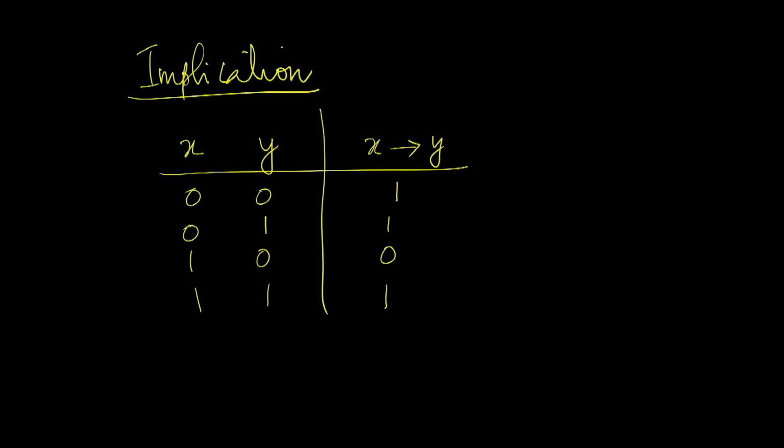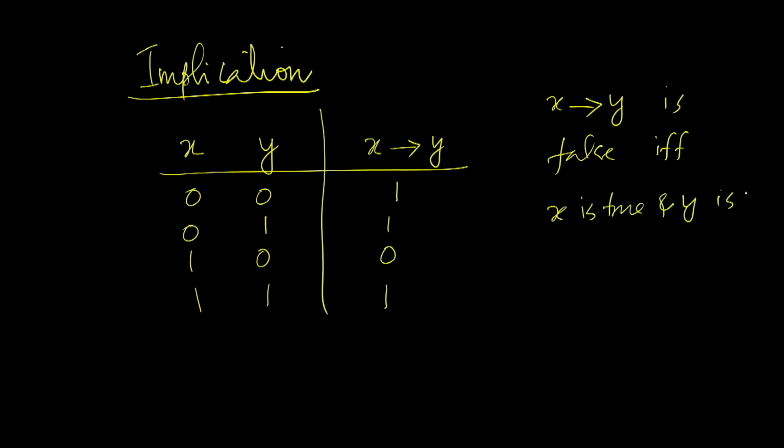So, what it means is that x implies y is false if and only if x is true and y is false. Or we can say x implies y is logically equivalent to the complement of x y bar, which by De Morgan's law is x bar plus y.